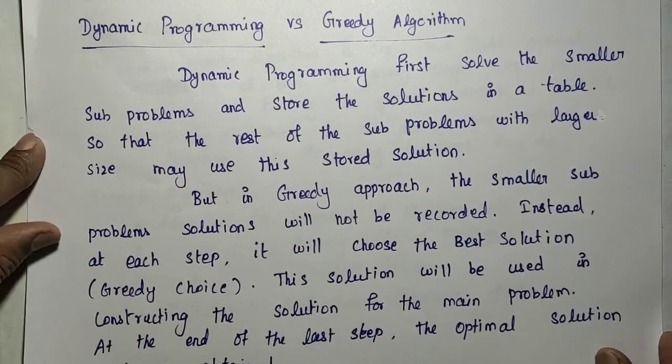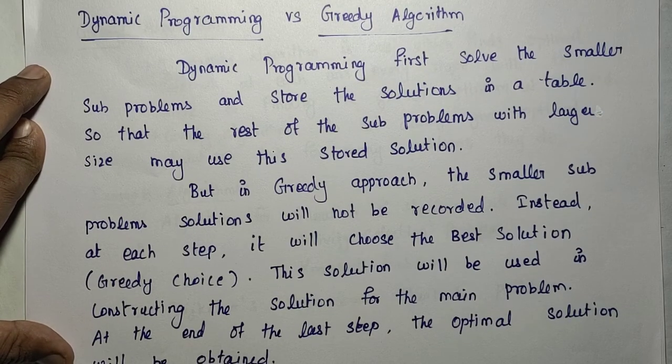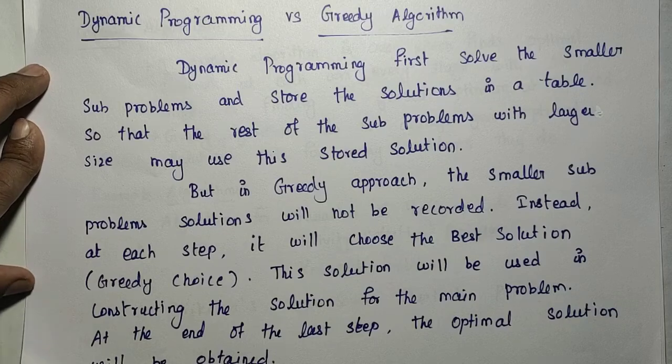greedy. Okay, so dynamic programming first solves the smaller subproblems and stores the solutions in a table, so that the rest of the subproblems with a larger size may use this stored solution. But in the greedy approach, the smaller subproblem solutions will not be recorded.